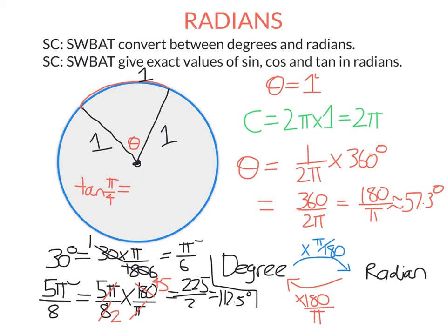Pi on 4 radians is 45 degrees. So tan of pi on 4 radians equals tan of 45 degrees. And we should know from previous lesson, tan of 45 degrees is 1. So if you know your exact values for 30, 45, and 60, you'll be able to use them in radians as well by just following this conversion chart there.